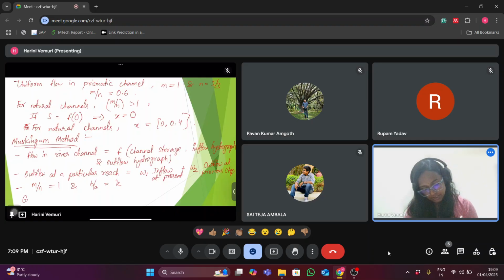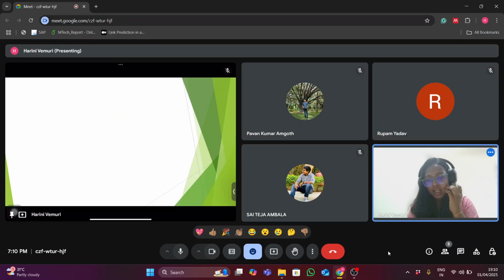So here the general expression, by solving the previous equation that I have shown, will become S equal to k into x of I plus 1 minus x into O. Here, x is the weightage factor and k is the storage time constant, which is approximately equal to the time of travel of a flood wave through the channel reach, and the dimension will be time.